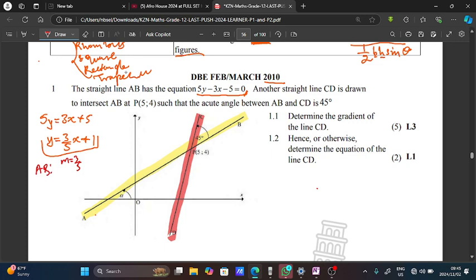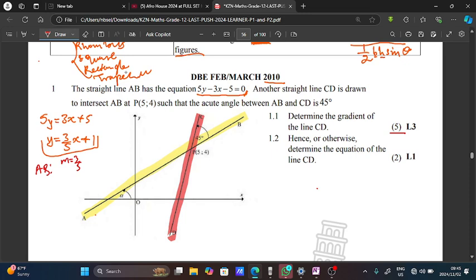It's a level 3 question, so how are we going to attack that? Down here, how do we get this angle? You want to get alpha, and then you can get the other one. Hence it's 5 marks.